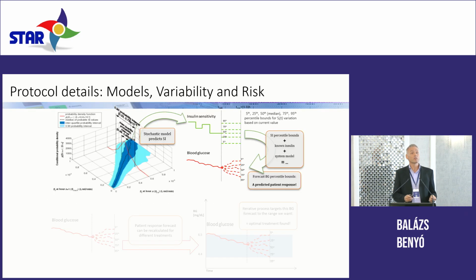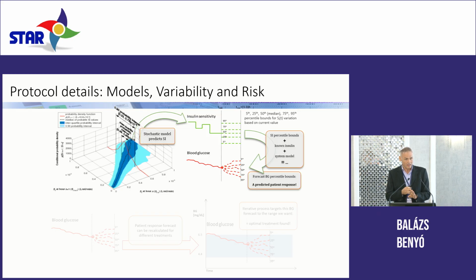But let's go back to the protocol, and let me introduce a little bit what we do in the right-hand corner, in the decision support system. The decision support system basically mimics what we do on the bedside. I will come back to this sentence later on. First of all, based on the current measurement, we identify the current state of the patient.